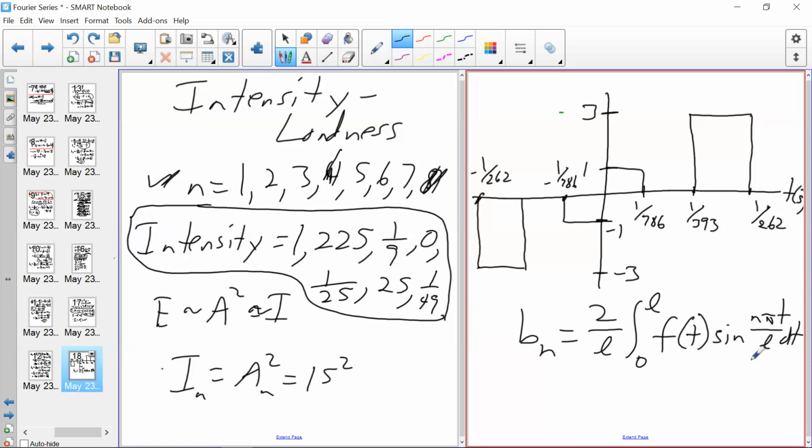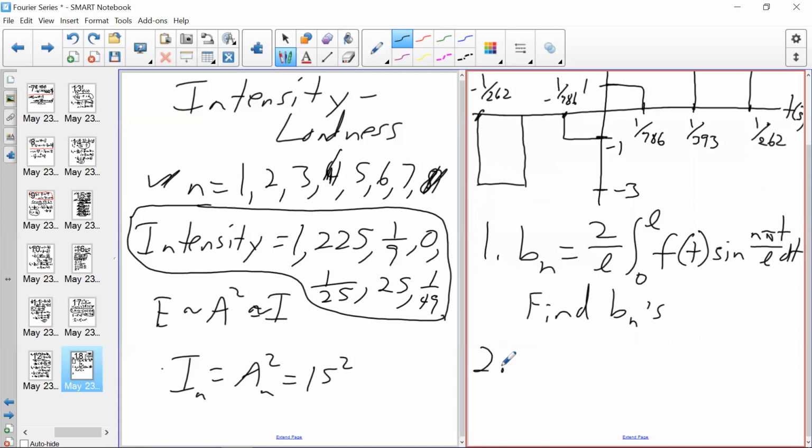So you're back on the video, and remember how you're going to do your B sub n's, how you're going to integrate for all of the coefficients. So this is number one: you have to find your B sub n's. Two, put all the B sub n's in the f of t function, just like we did for the p of t.